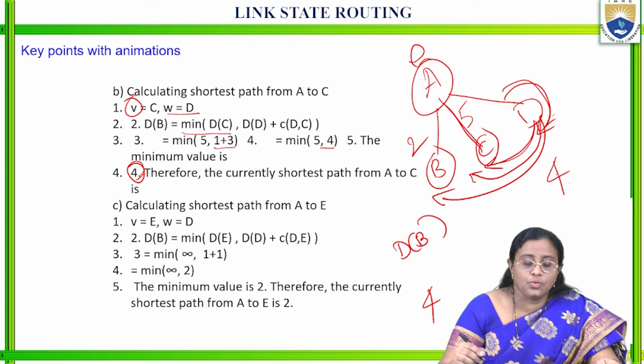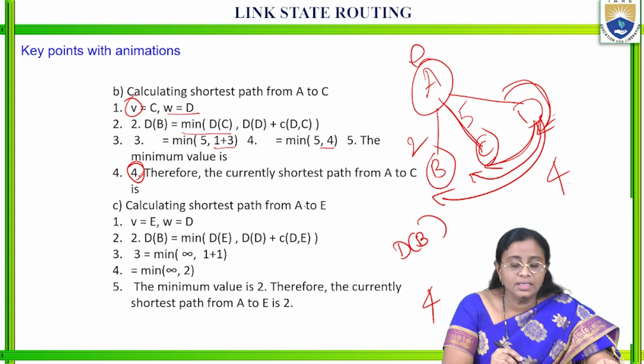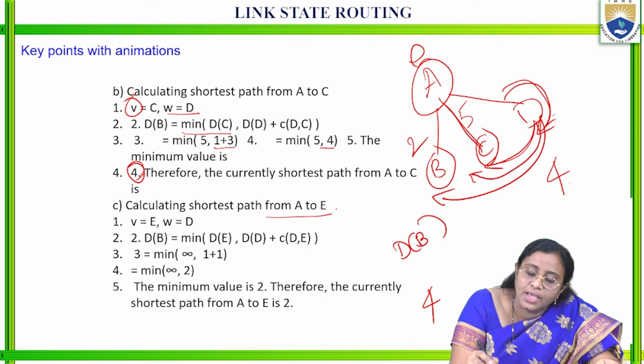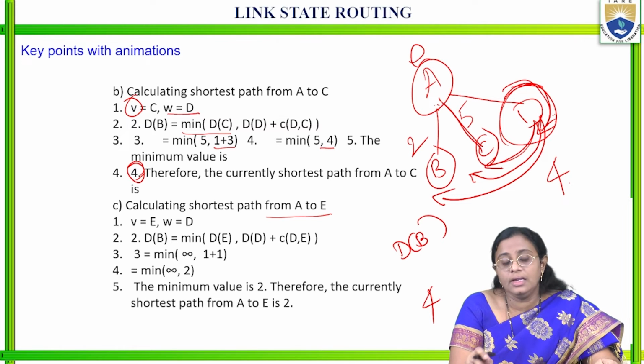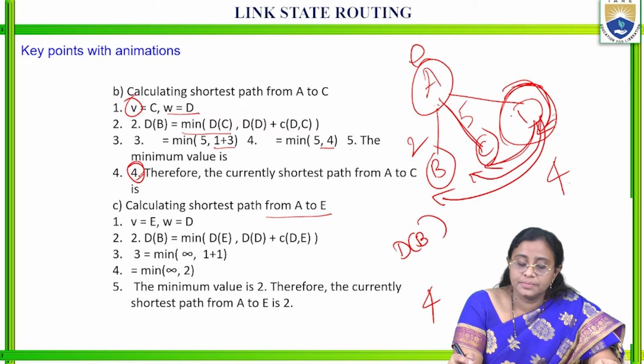Here it is 4. Coming to this, calculating the shortest path from A to E. From the root node to B, to C, and to D, we have already seen; they are directly linked from the root node to the subnodes.